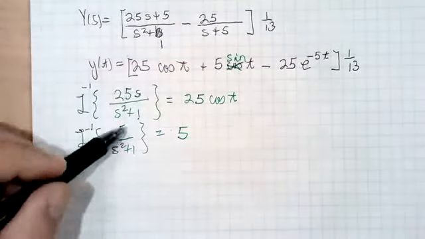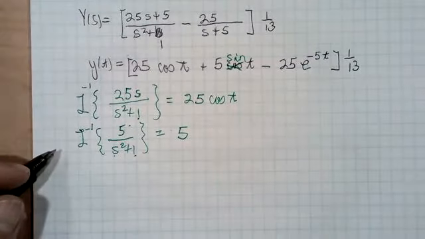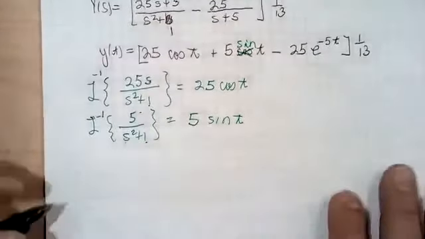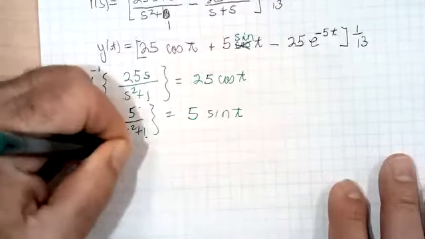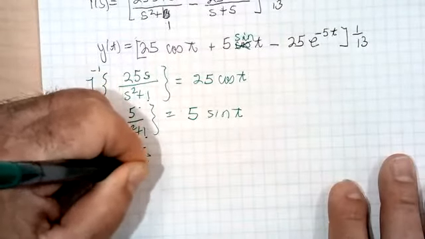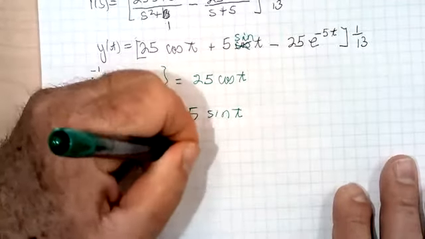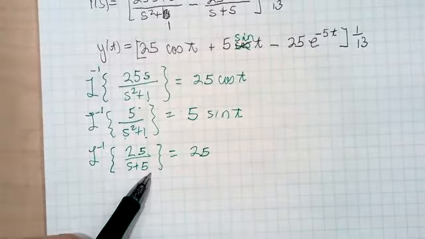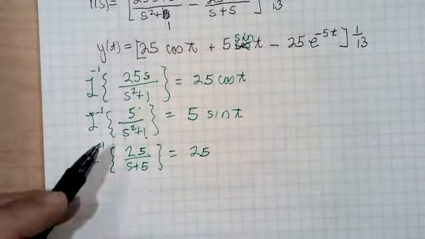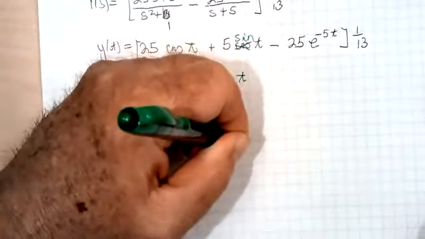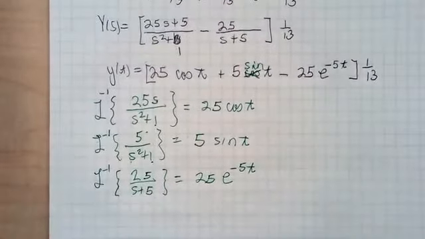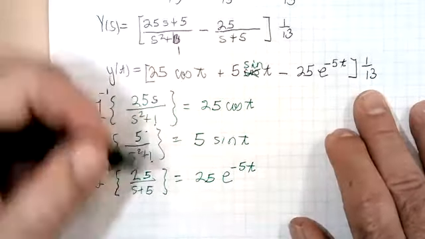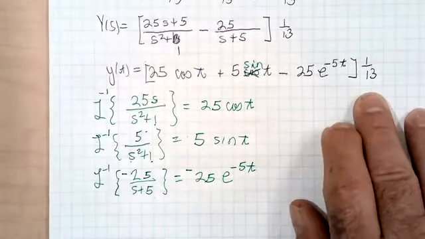Factor the 5 off. 1 over S squared plus 1 is the transform of sine t. And then the inverse transform of 25 over S plus 5, factor the 25 off, and e to the at has transform 1 over S plus a, so you think of that as S minus the minus 5. And then you add those up, don't drop minus signs, and divide by 13 and you get that line.